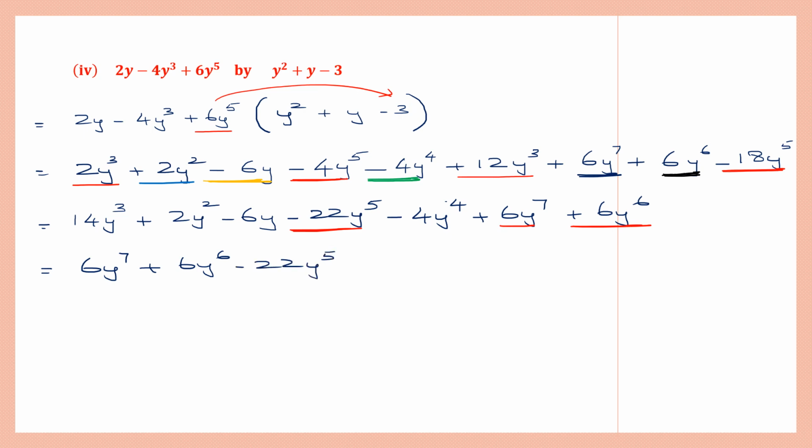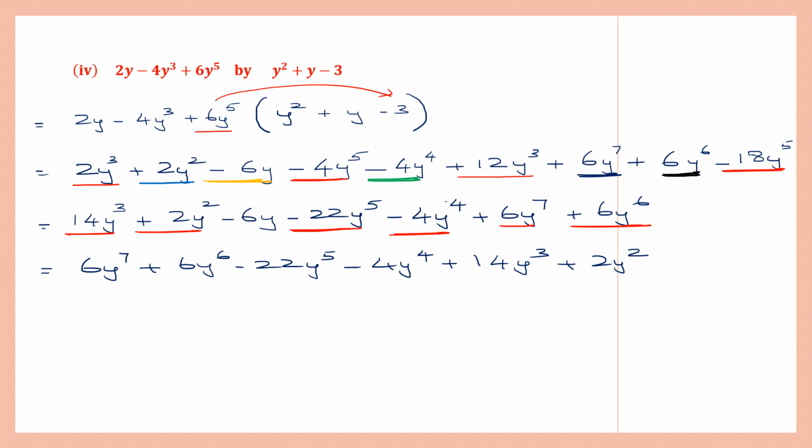Then let's go to y to the power of 4, which is right here. So it is minus 4y to the power of 4. Then let's go to the y to the power of 3, which is here. So that is plus 14y to the power of 3. Then y square is here. So plus 2y square.